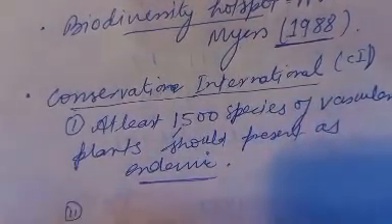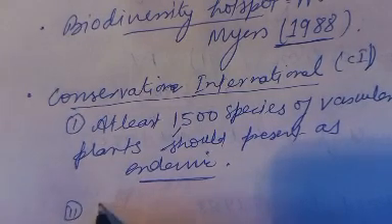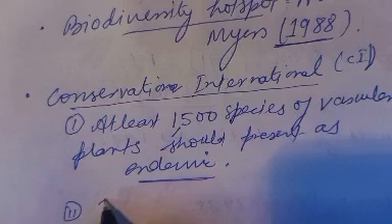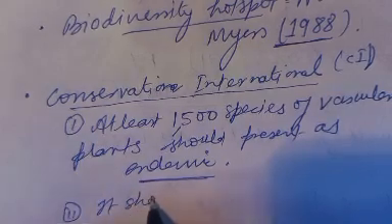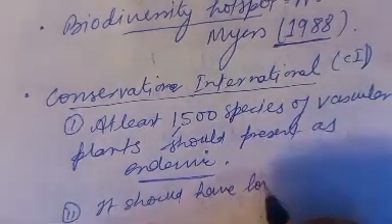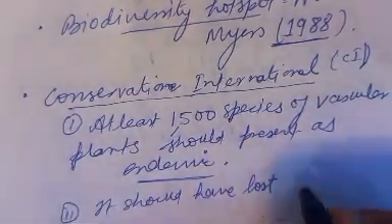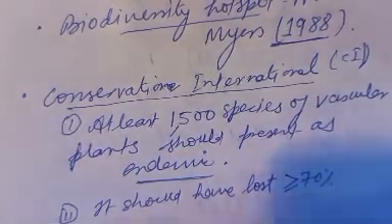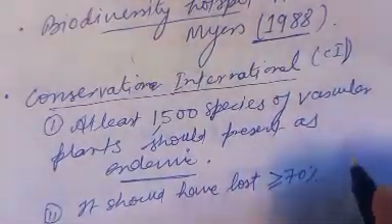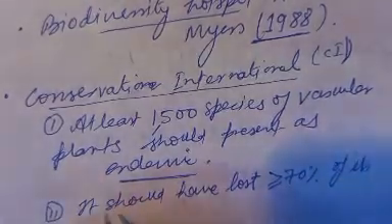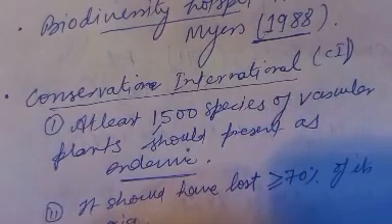The second one is that the particular region should have lost equal to or more than 70% of its original native habitat.